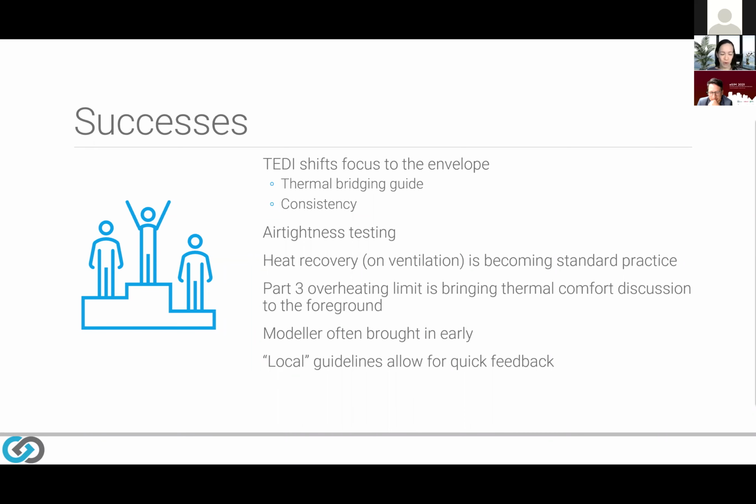Similarly, I've mentioned it before, but the air tightness testing has also got designers looking at air tightness and infiltration earlier on, and brought that conversation to the forefront. And as I mentioned, heat recovery on ventilation is really becoming standard practice. Elsewhere in Canada, it may have been adopted a little bit earlier, but for us, it's becoming just the norm for ventilation here.